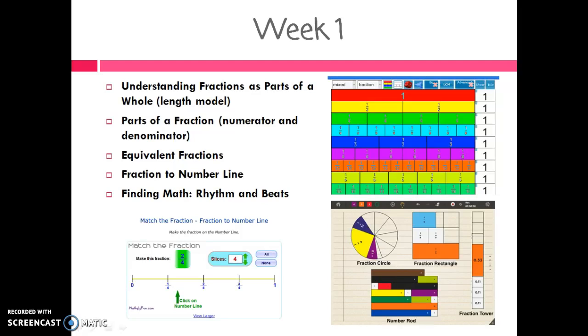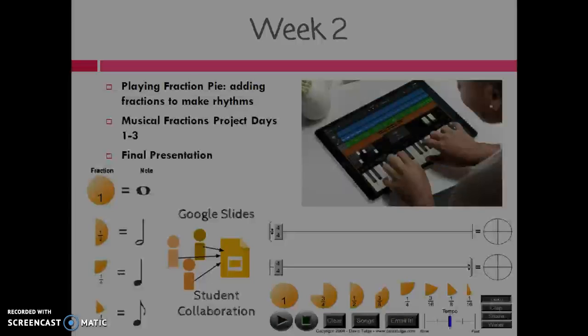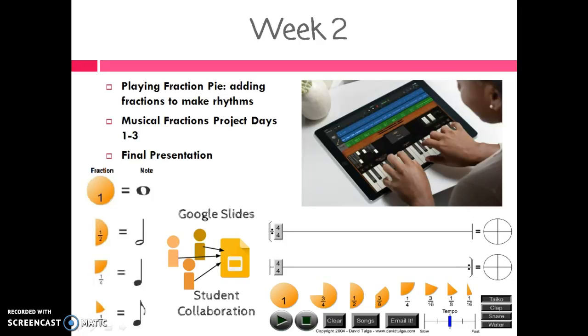Max Fraction also introduced students to the number line, and by the end of the week, we were introducing them to music and how it related to these fractions they had learned. In week 2, we got into the more complicated phase of fractions, where we introduced the subject of music and rhythms with beats and how they relate to fractions. For example, as you can see in the bottom left-hand corner, how a fraction relates to a specific type of note.